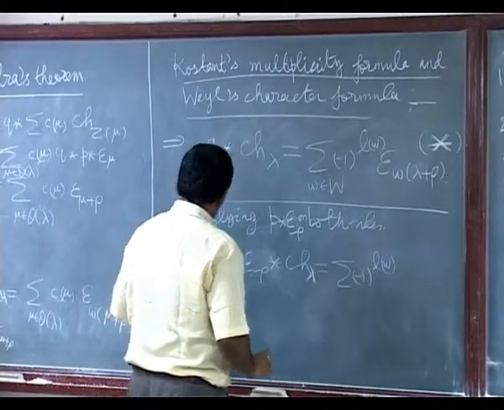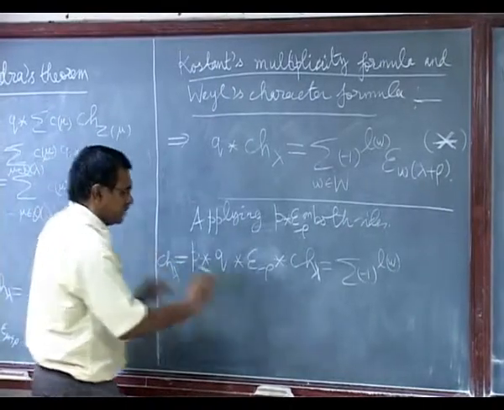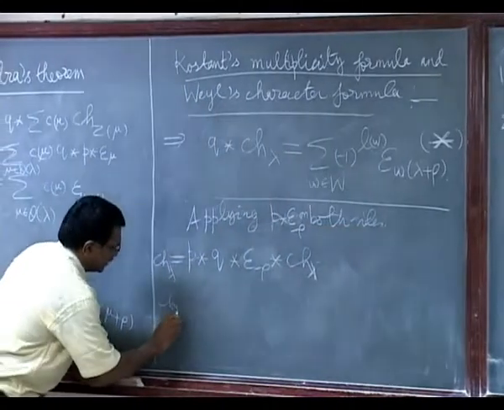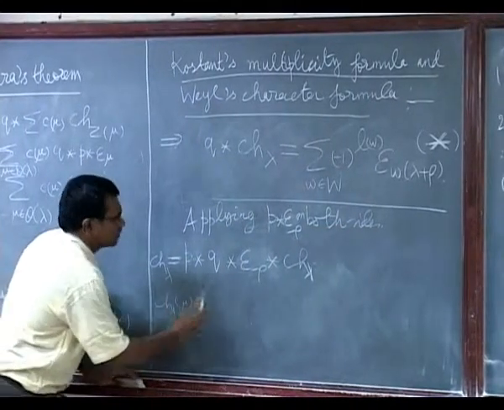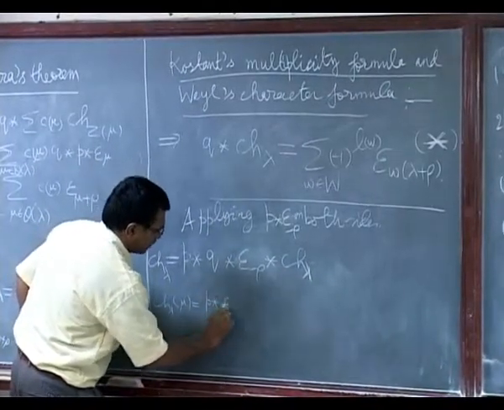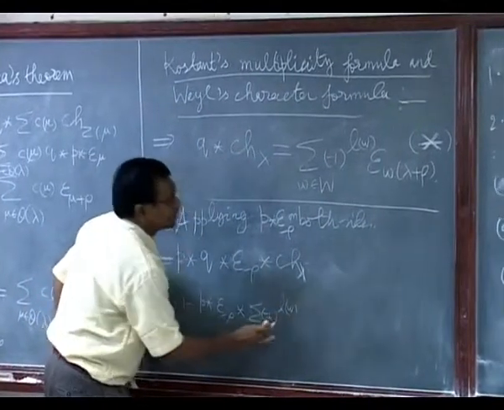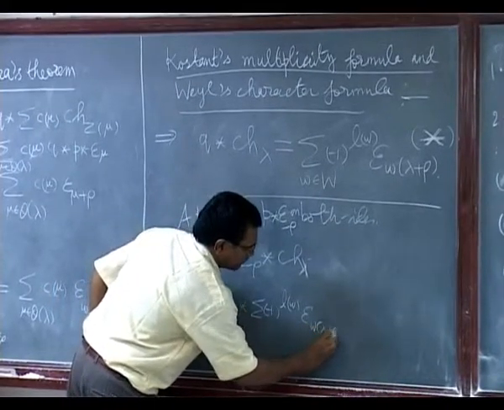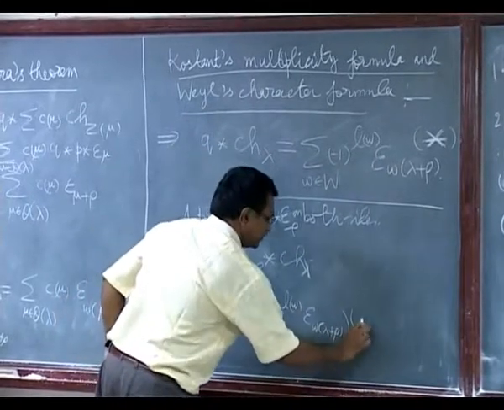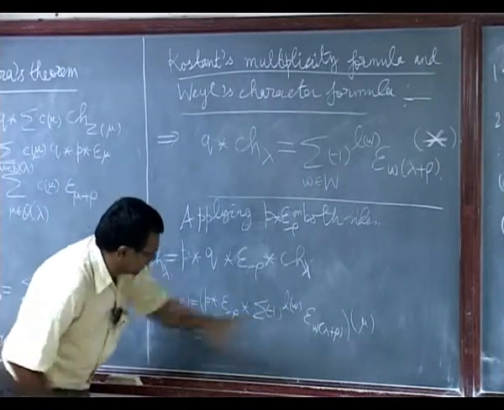So, look at here, if I apply to a weight mu, up to this part I just leave it. Now apply to a weight mu, C h lambda of mu. So, this is nothing but here I have applied P star epsilon minus rho star sigma minus 1 to the power length W epsilon W of lambda plus rho, of mu. Of course, this is simply additive, here there is no problem.